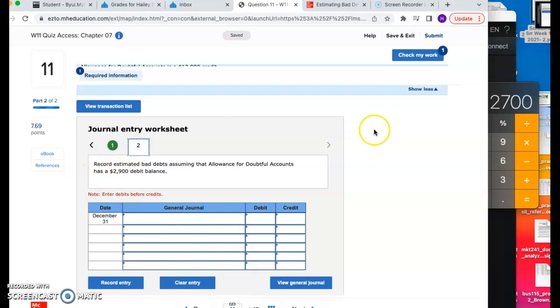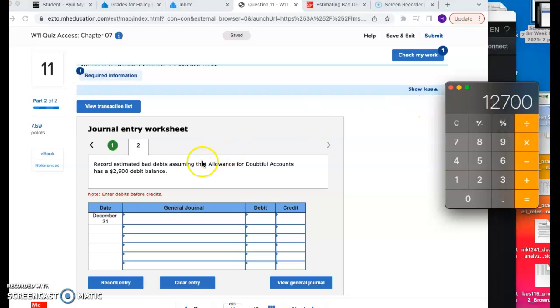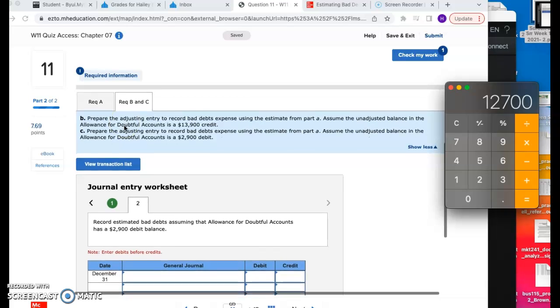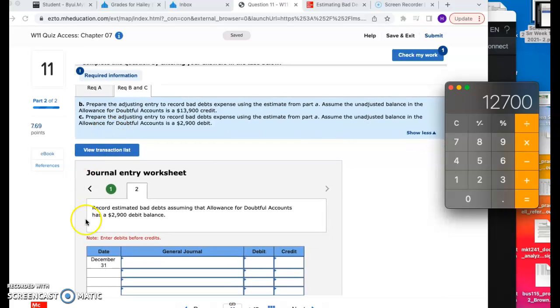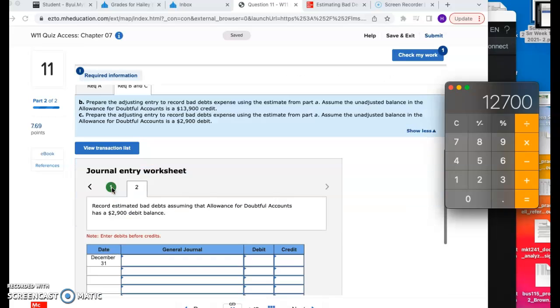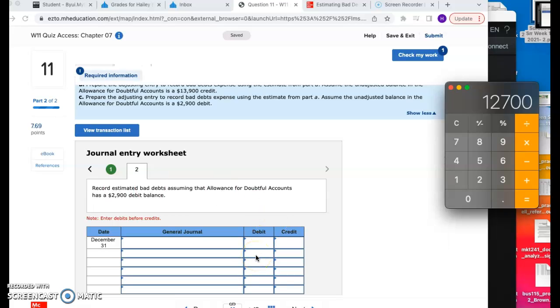Okay, and then with the debits, we can take that same number that we did have. Oh, okay. I remember, I think. 26,600.